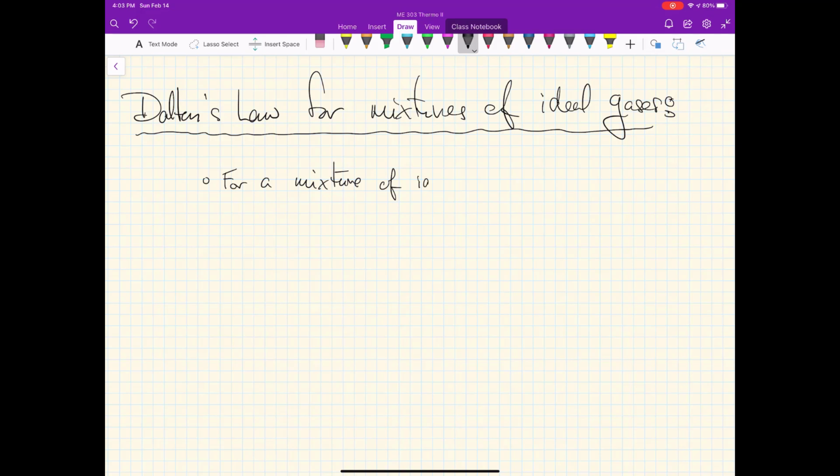Dalton's Law for mixtures of ideal gases.